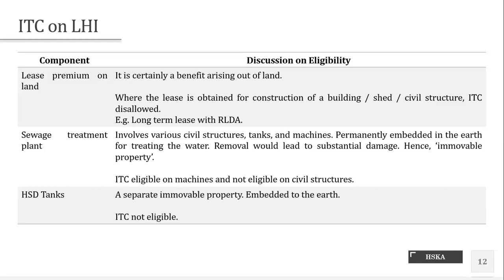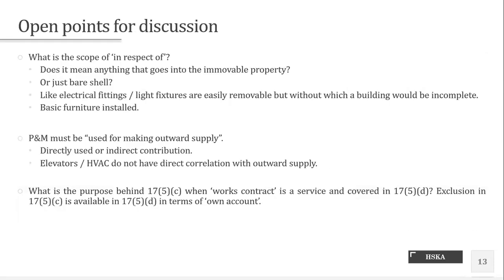So this is what I had for discussion today. I just had a couple of open points that I wanted everyone's view on. First, what was the scope of immobile property, and how do I read that: whether it is just a bare shell or a complete building in itself? And the lift aspect, which I was bringing in from the plant and machinery angle: the explanation uses the term that it should be used for making outward supply.